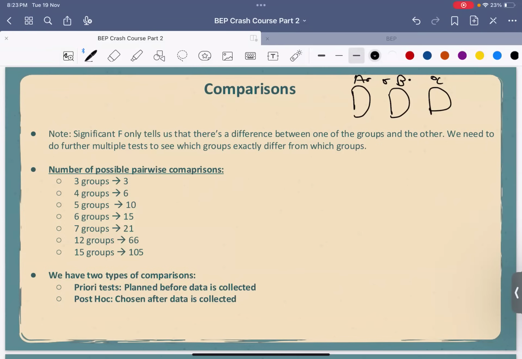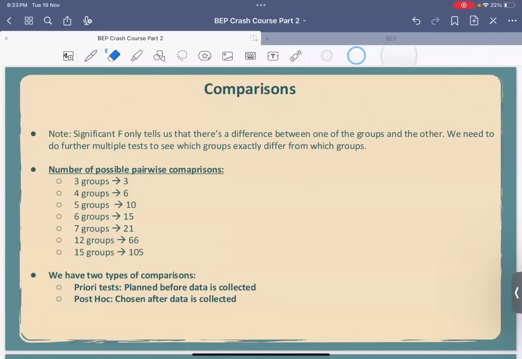No, we need to do further tests to see which drug exactly is doing something and which groups are different from the others. That's why we use something called comparison. We start comparing the groups, A with B alone, and then A with C alone, and then C with B alone. We have different combinations, which are called pairwise comparisons.